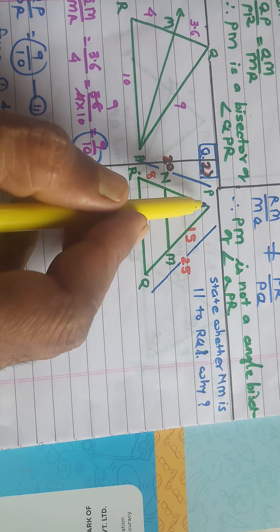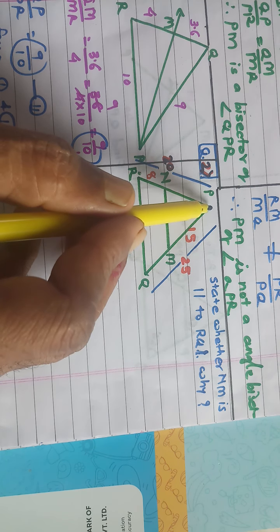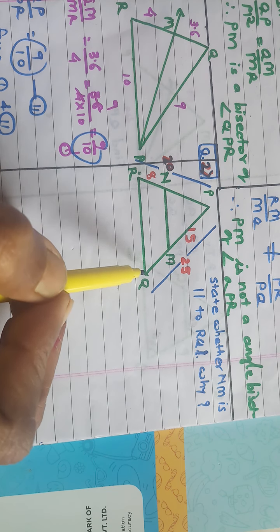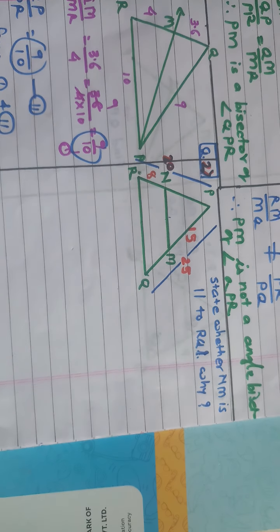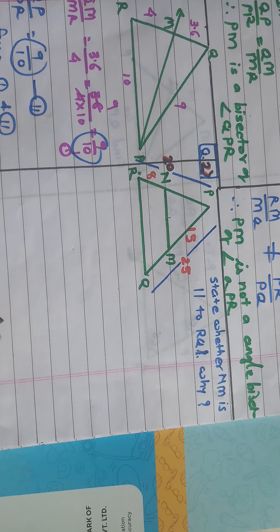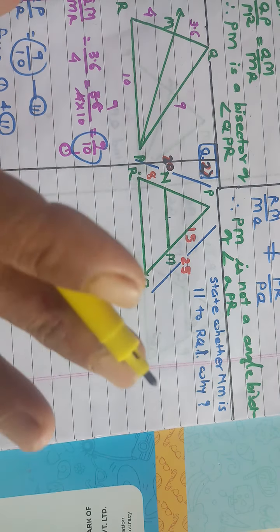If the ratio of PN to NR is equal to the ratio of PM to MQ, then we can say these two are parallel by converse of BPT. So, we have to check whether these two ratios are equal or not.